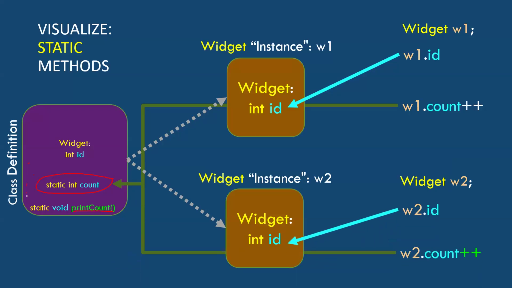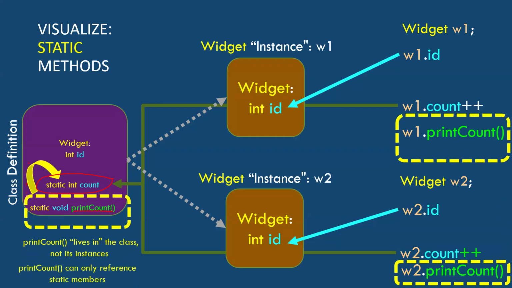And then I can print the count at the factory. There's no method in our widget that prints the count; it's only at the factory. We can use the instance to get there, or we can do the more typical thing and just say Widget::printCount. It's like going to the factory and saying, what did you produce today?